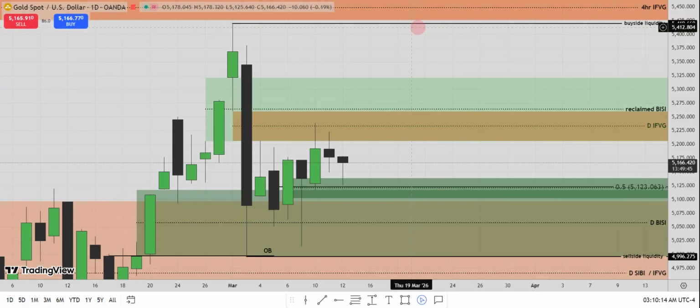Whatever you're trading out there, you're gonna see these weird volatilities in the market because of what is going on.